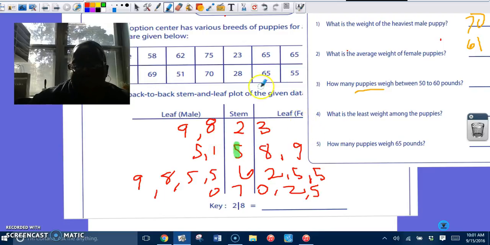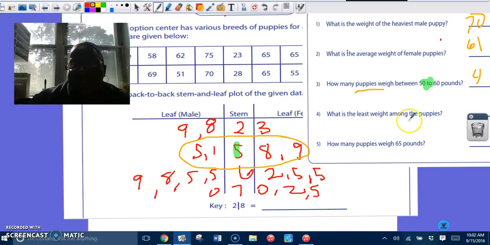But in the 60s, nothing is lower than 60. Your smallest one of the 60s is 62. And the largest number between 50 and 60 would be 59. So the only row that you can count are the 50s. So how many puppies weigh between these amounts? Count the leaves. 1, 2, 3, 4. 2 puppies on the male side, 2 puppies on the female side. So the answer for that one is 4.